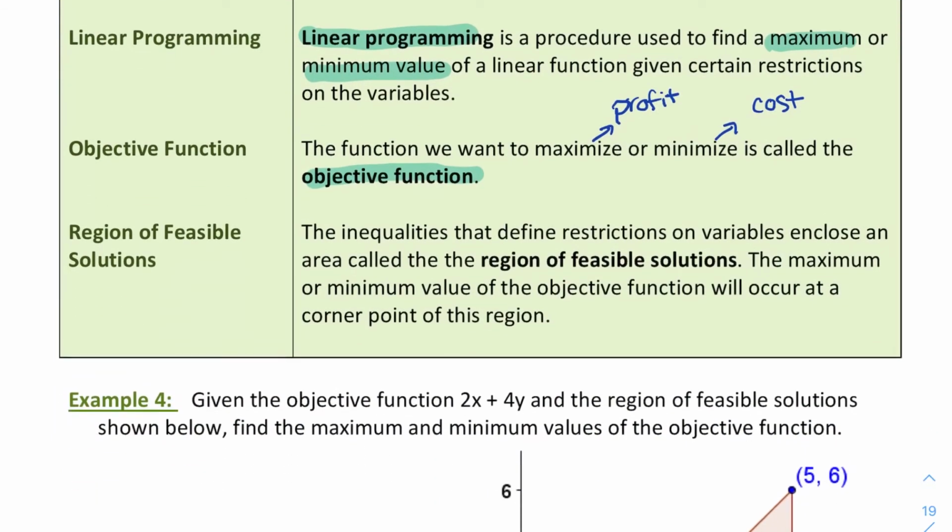For example, something that you might be trying to maximize is profit, and something that you might be trying to minimize would be cost. So how this process works is you have a system of inequalities involving restrictions on your situations.